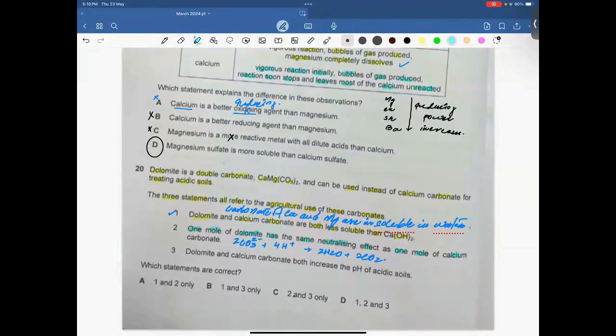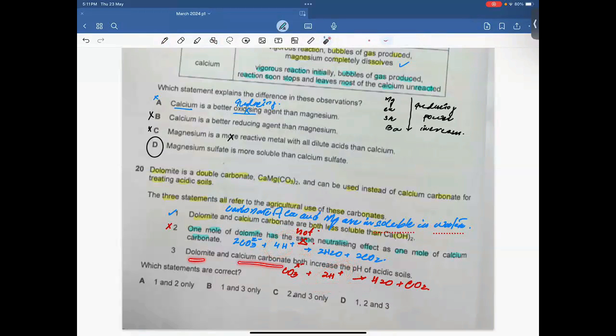As 1 mole of calcium carbonate has only 1 carbonate ion, when you treat it with hydrogen ions, it will turn to water and carbon dioxide. So basically, the statement is absolutely incorrect because it is not the same, right? Because calcium carbonate requires 2 moles of hydrogen ions, whereas dolomite requires 4 moles of hydrogen ions, so they will not have the same neutralizing effect.